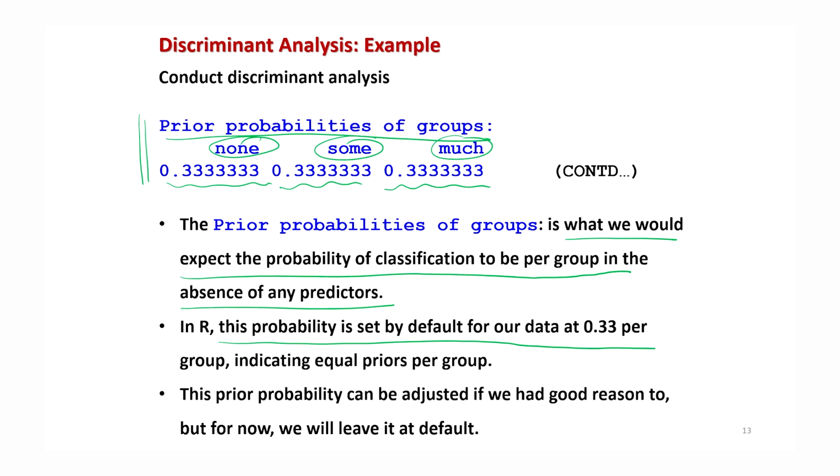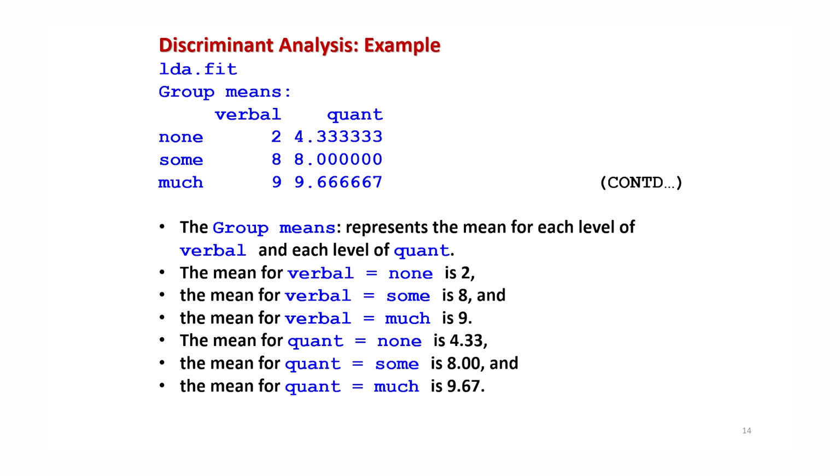This indicates that it has used equal priors for each of the groups none, some, and much. This prior probability can also be adjusted if we have a good reason, but for now we will just use the default. If you want to change it, you can. My objective here is to show you how to understand the outcome.